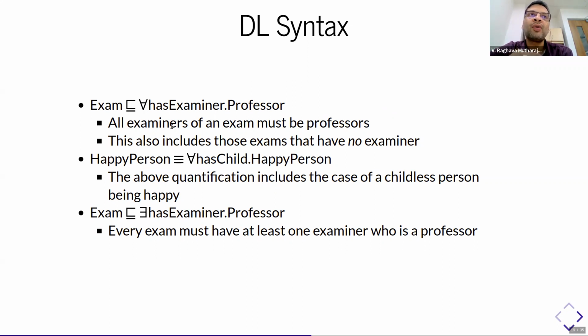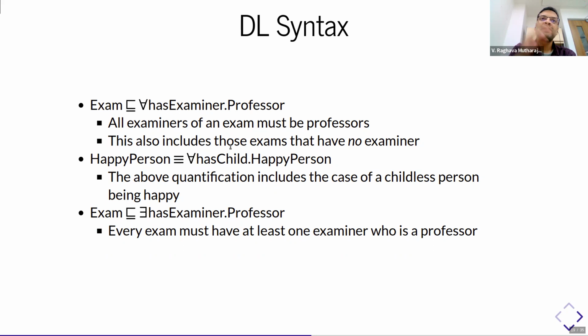Now there's also the quantification on top of the way it is related. Exam and professor are related. So this indicates that all examiners of an exam must be professors. If there is an examiner for a particular exam, that examiner has to be a professor. But it can also be a case that, so it also includes the zero case.